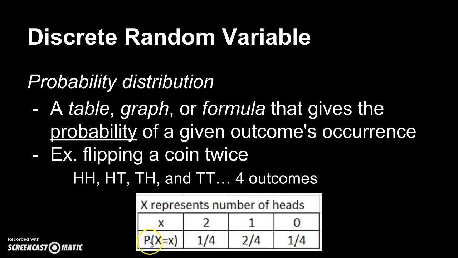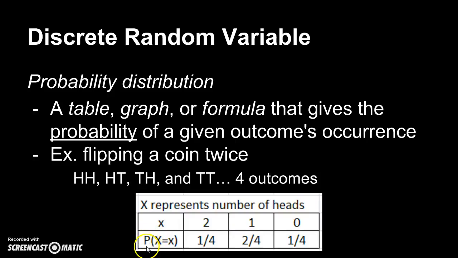What we have in the second row is the probability distribution. Please pay attention to the math notation. This is the probability that my random variable is equal to the values of lowercase x. Let me say that again.